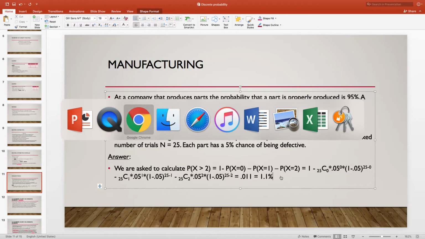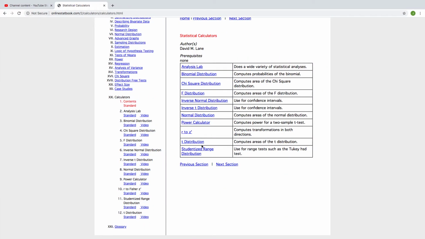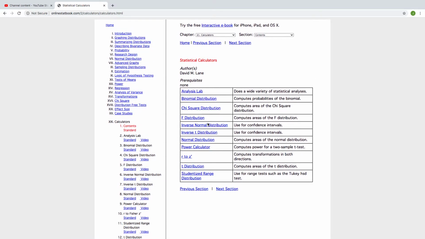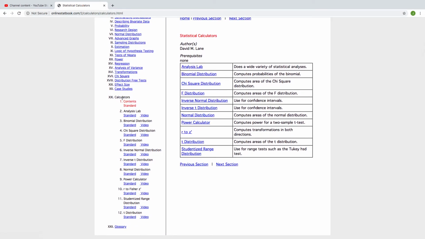Remember, the probability p is 95% for each individual trial. This is a link to the online stats book, and it has a section called calculators. You can see the title is onlinestatsbook.com, and I'm going to go to the calculators.